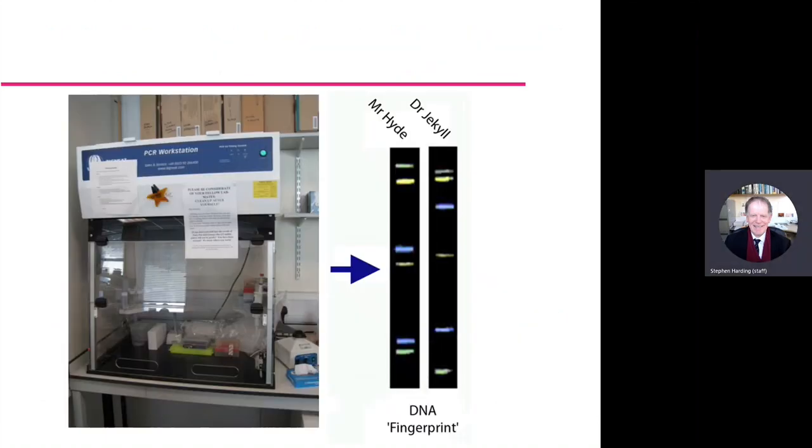And this is not real data, by the way, but this is just a slide to illustrate that people have different profiles, as shown by this so-called DNA fingerprint or electrophoretogram. So the question is from this: are Mr. Hyde and Dr. Jekyll the same person?